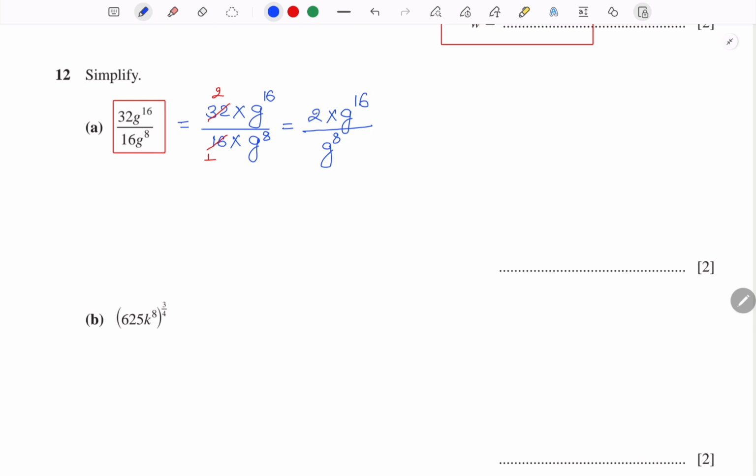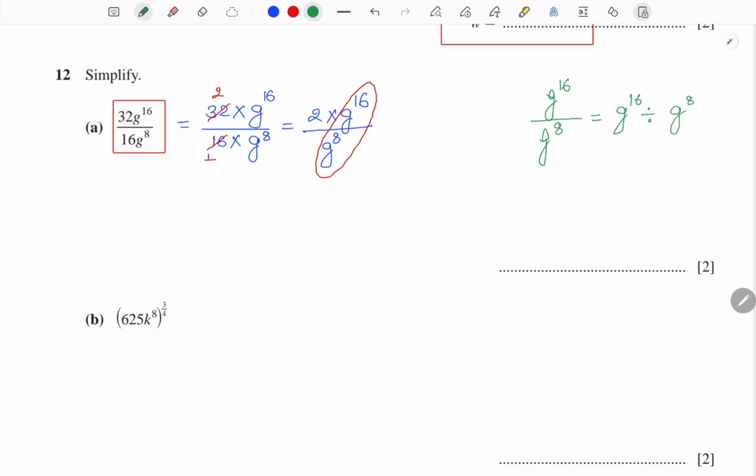Now just look carefully at this part. See how we can solve this part. We have g raised to the power 16 divided by g raised to the power 8, right? This is nothing but g raised to the power 16, and I can put a division sign here, and this is g raised to the power 8.